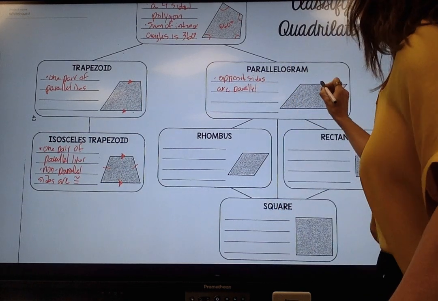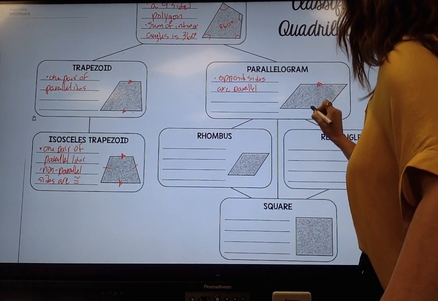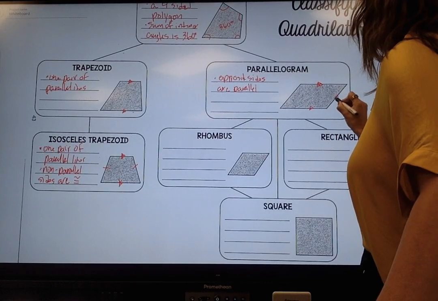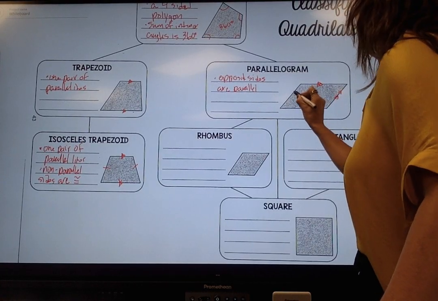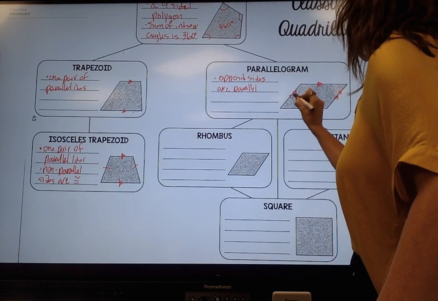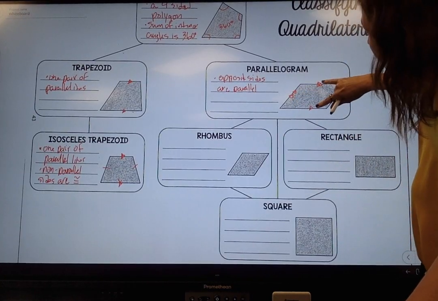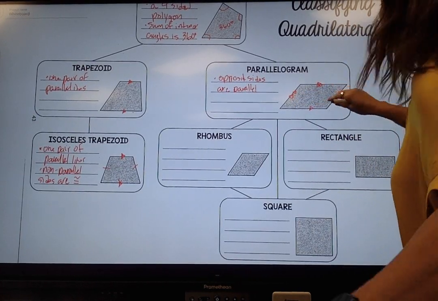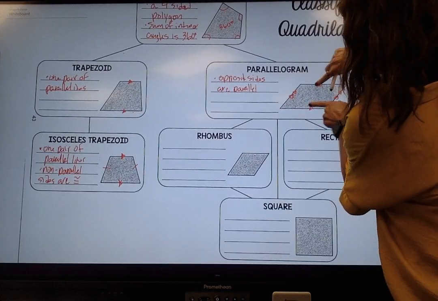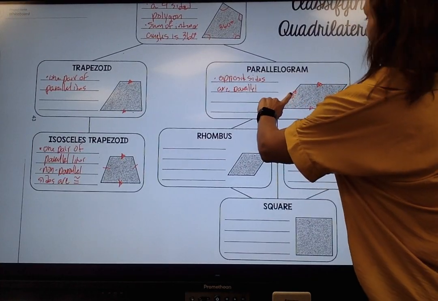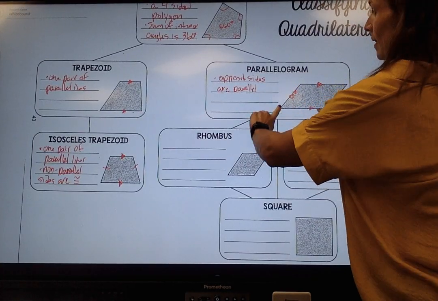So if opposite sides are parallel, I'm going to have parallel markings here, and I'm going to have parallel markings here. Notice these guys have one arrow because it's telling me that these two sides are parallel, and this guy has two arrows telling me these sides are parallel.